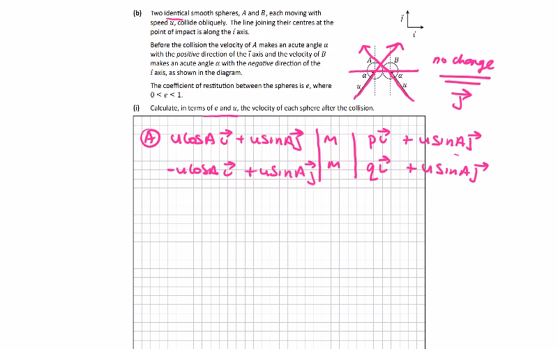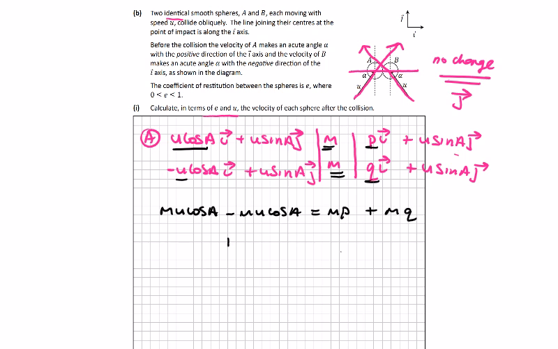So we're going to have m by u cos alpha plus, it's actually minus mu cos alpha, this one times this one, is equal to MP plus MQ.